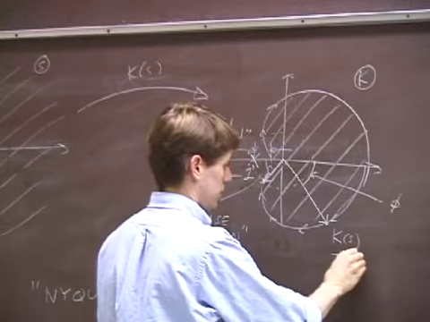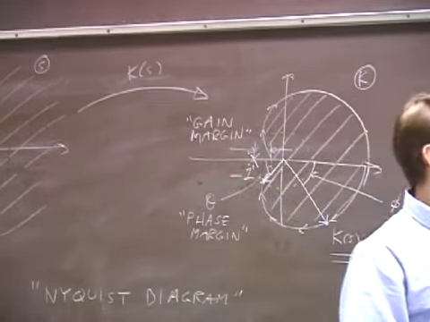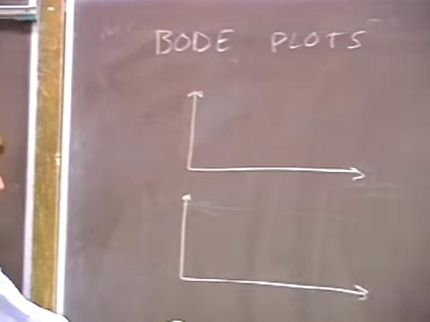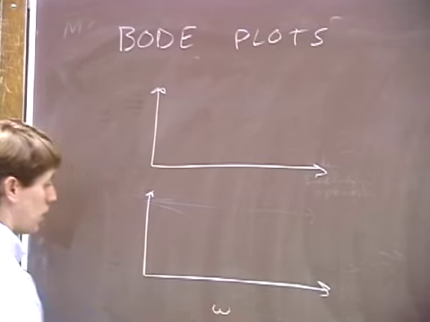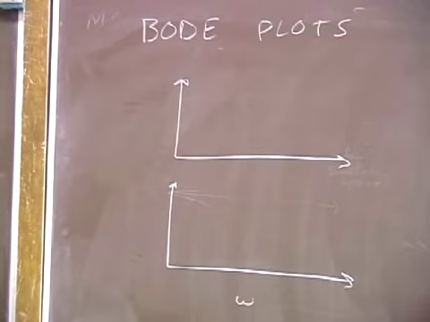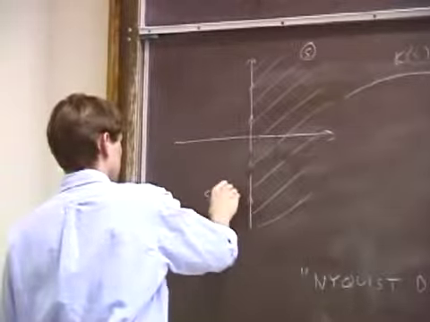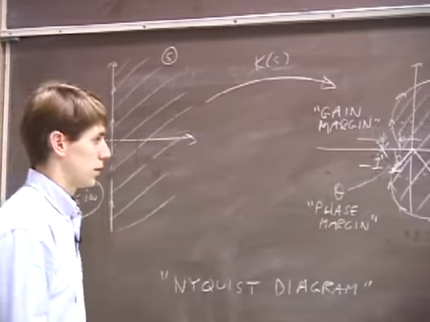I'm going to plot this quantity and this quantity on two separate axes, as a function of omega, because we're running S up the axis. So S is just equal to i omega on this axis. This is the same omega.